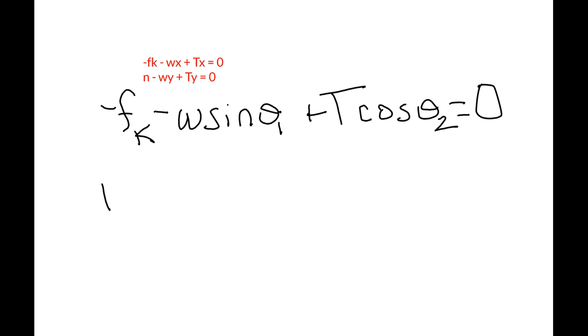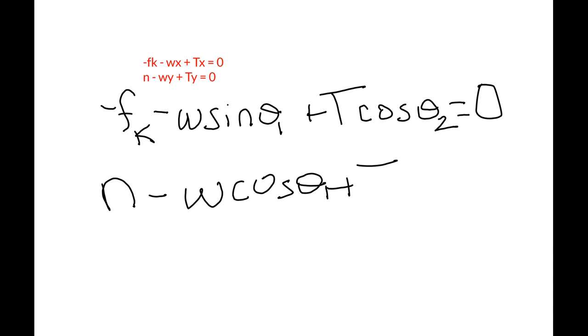In our second equation, we have the normal force minus the weight times the cosine of theta 1, plus the tension times the sine of theta 2.